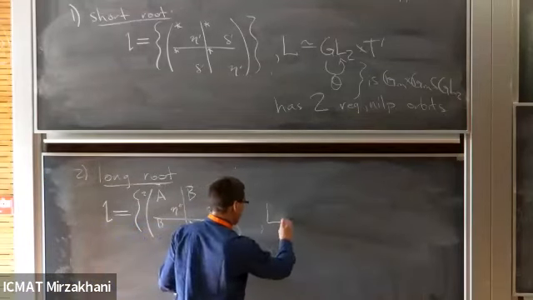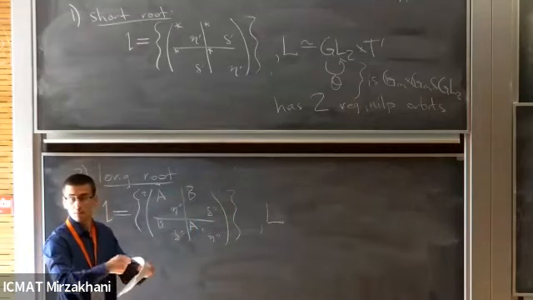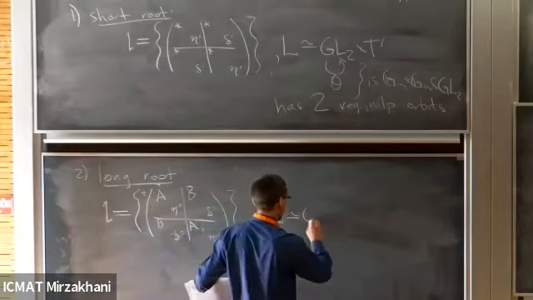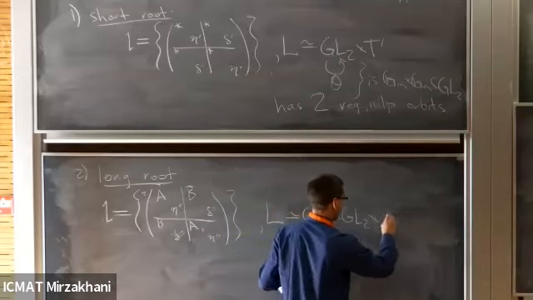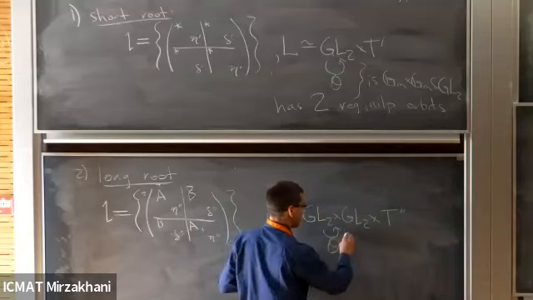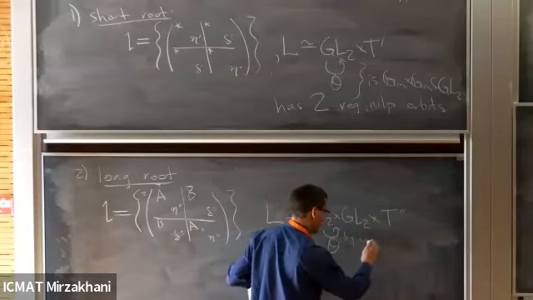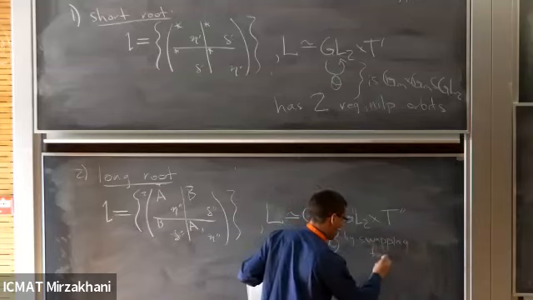And the Levi I get, roughly by taking A and B to A plus B and A minus B, is actually going to look like a product of GL2 cross GL2, cross a torus, where this theta action on the GL2 cross GL2 is by swapping factors.